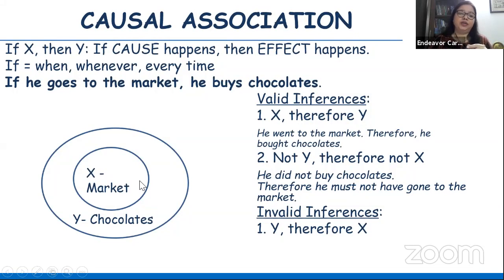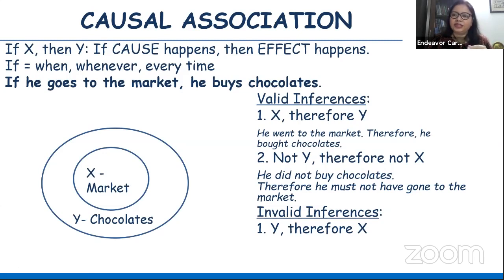Because I am saying I did not buy chocolates, so I did not go to the market. Why can't I say I bought chocolates and therefore I must have gone to the market? Because the statement uses an if X, then Y. The statement doesn't tell you only when he goes to the market does he buy chocolates.